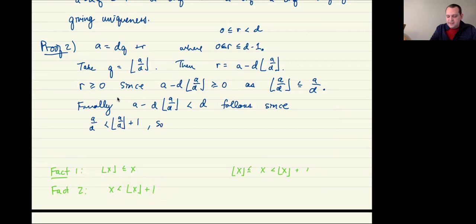That implies that A over D minus 1 is less than the floor of A over D. Therefore, if I multiply both sides by D, again remembering that D is positive, so it respects the inequality, we get that A minus D is less than D times the floor of A over D.